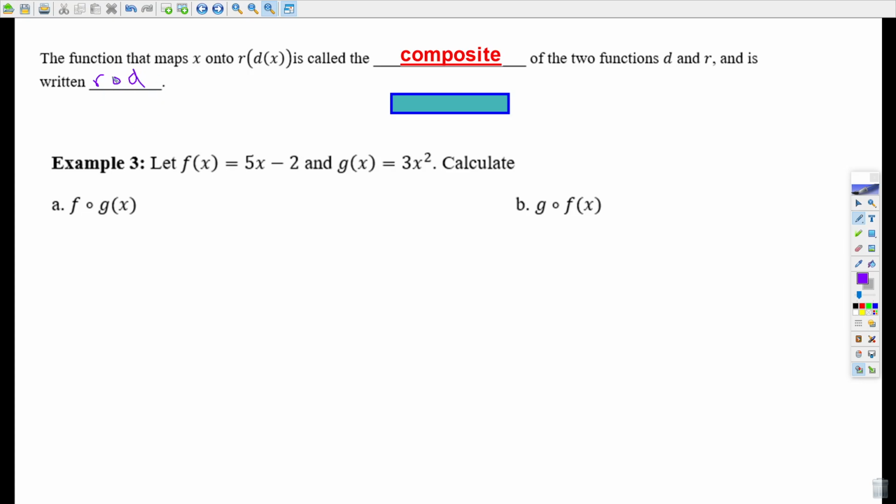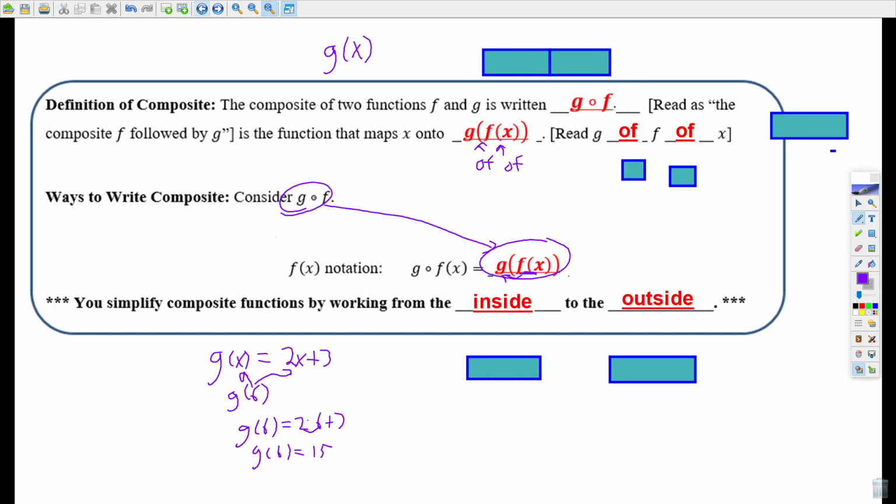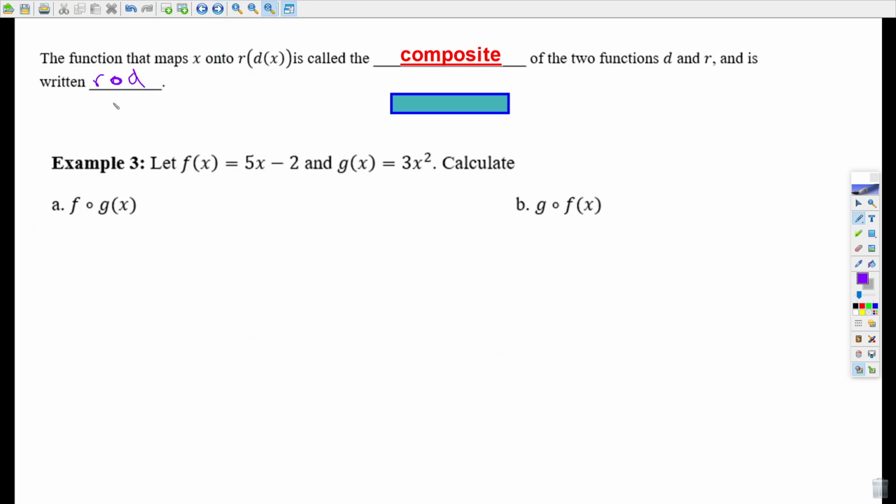It looks like the word rod, but I'm trying to make a small circle here. It's R with a little small circle D, which is the composite D followed by R. I can't remember, the composite F followed by G. Okay, the composite D followed by R. I don't like that wording as much. This is obviously way better to use.